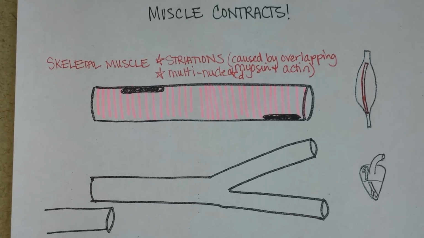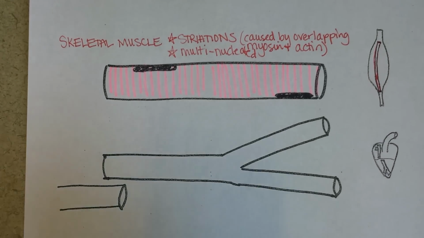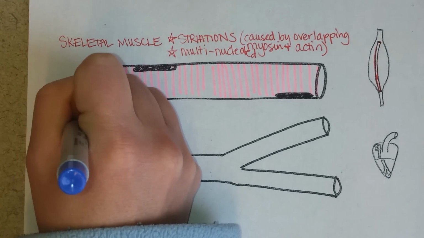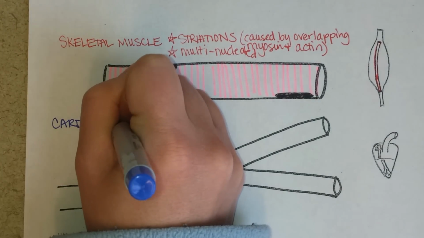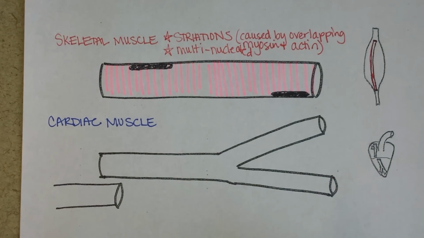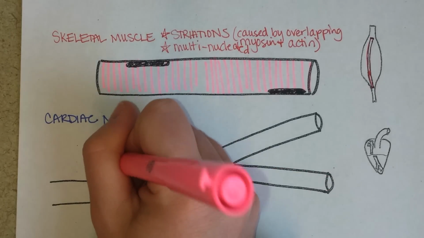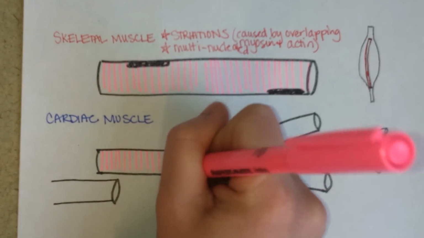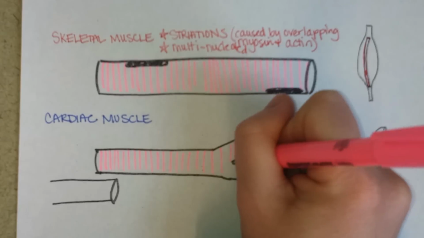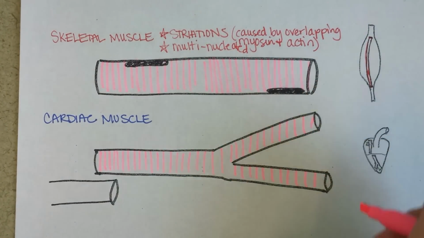Okay, now let's look at cardiac muscle. We'll use a blue pen for this one. So cardiac muscle, let's see if you can tell what's the same and what's different. Here I go. So this is all one cardiac muscle cell.